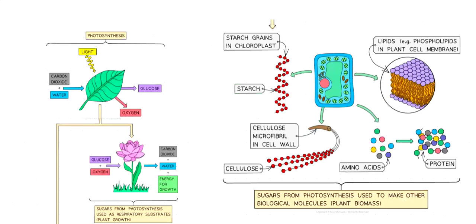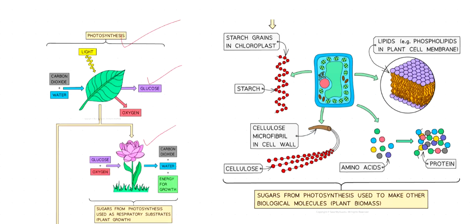If you see here, after the photosynthesis, when glucose is prepared, this glucose is used up by the leaf, by the flower, for its growth.